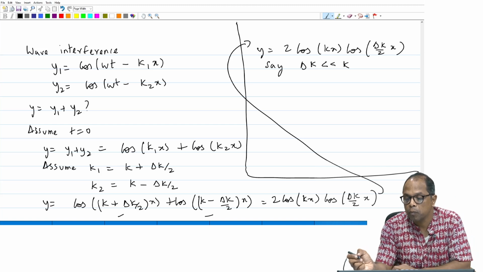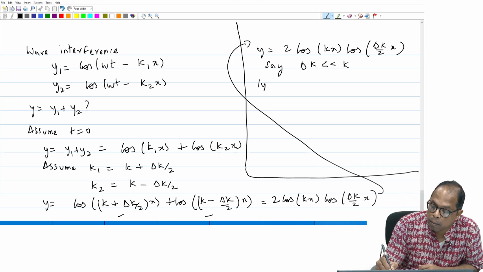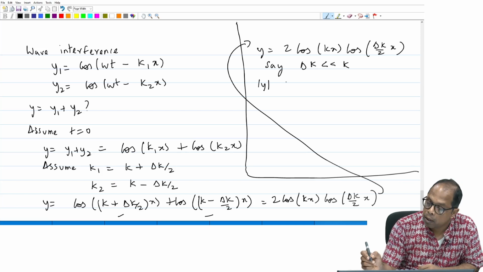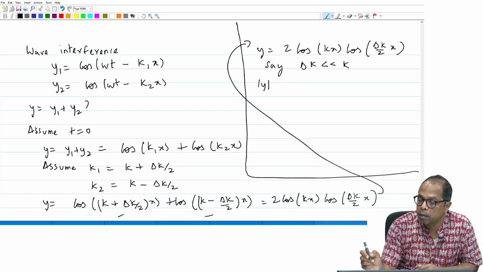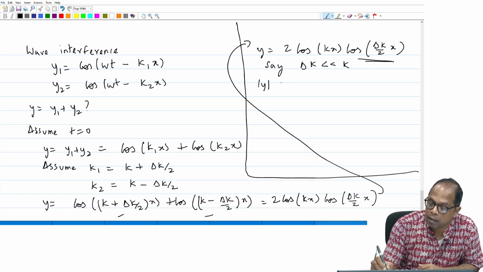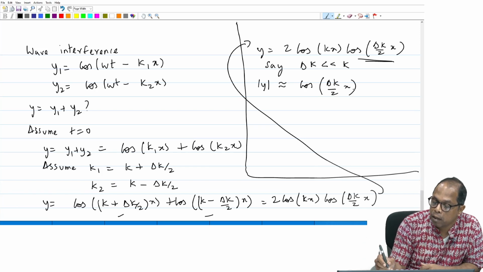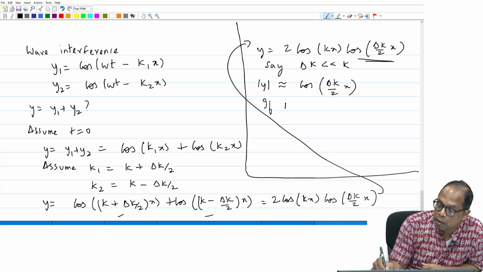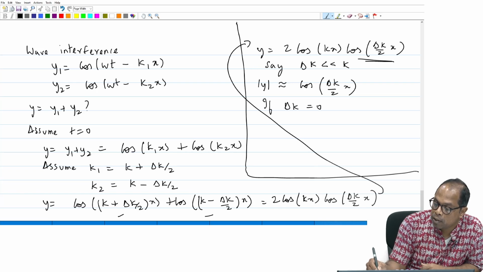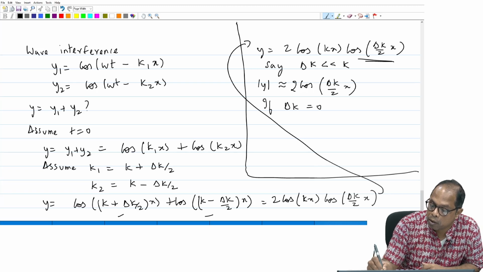So then what happens is your amplitude of y is going to be this. It's approximately 2 cos of delta k divided by 2 x. Now, if delta k equals 0, then I'm sorry, let me put this times 2 here.